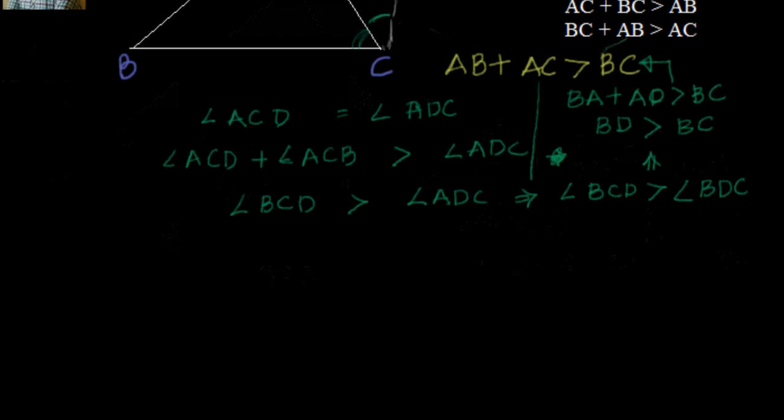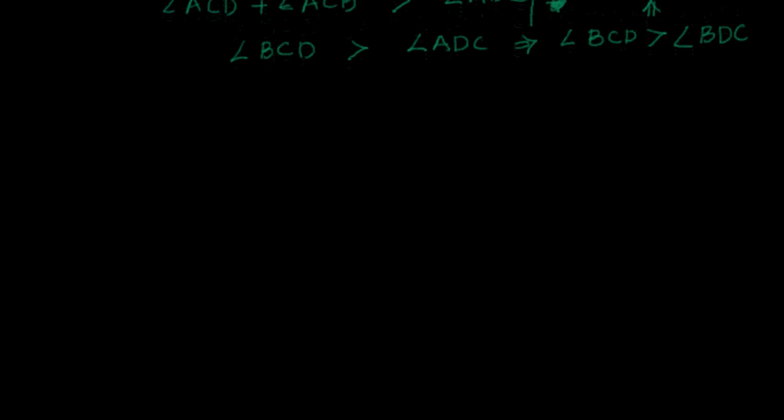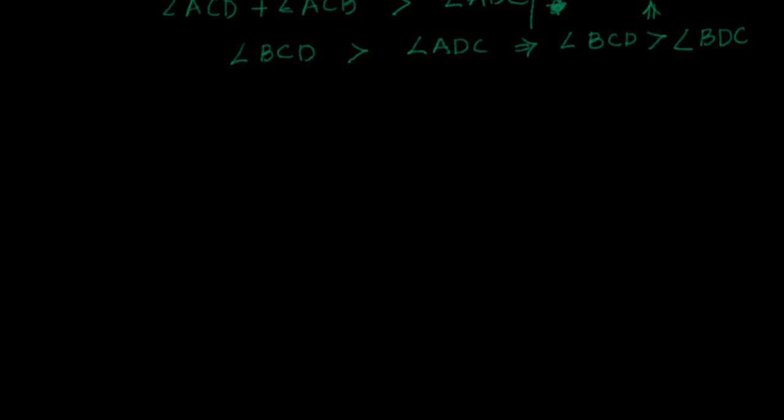So let's look at a couple of examples now. Let us see whether the triangles are possible here. Let us say that the sides are 14.8 and 7.6 and 8.0. Now let us say this is AB, this is BC, and this is CA.